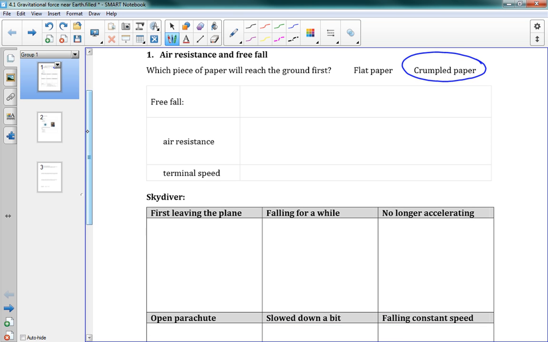So first, I want to explain the concept of freefall. Freefall is when a falling object only experiences gravity and no other forces.